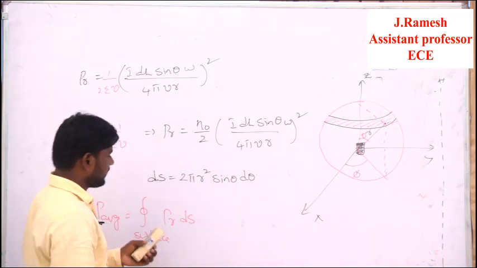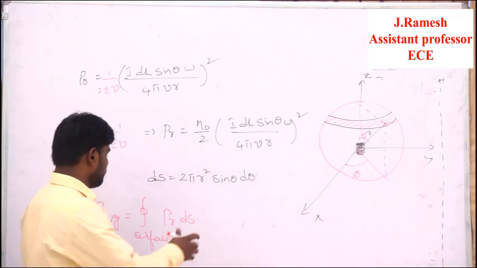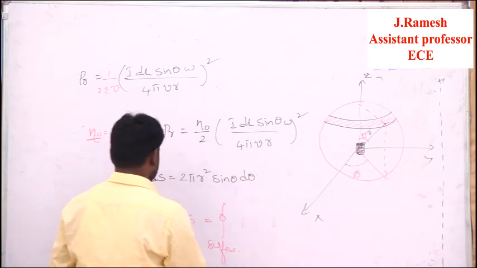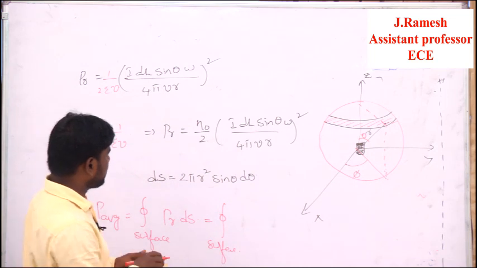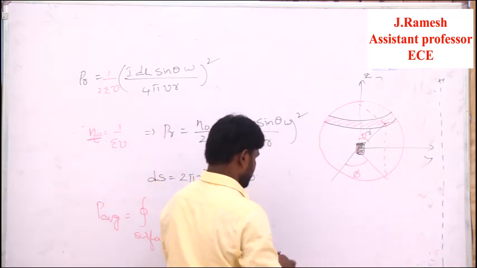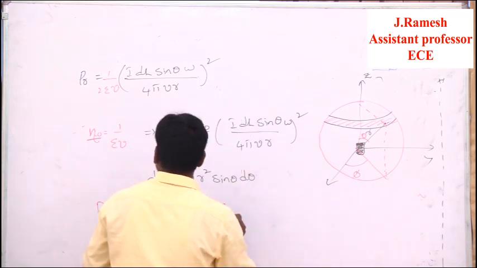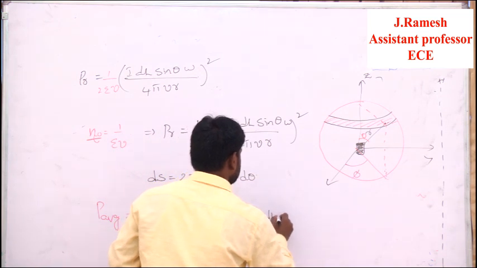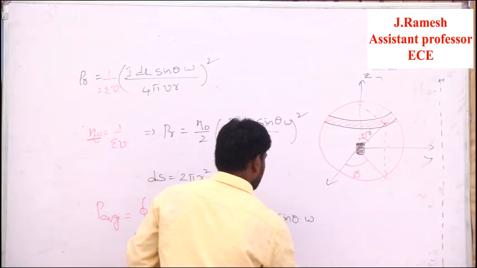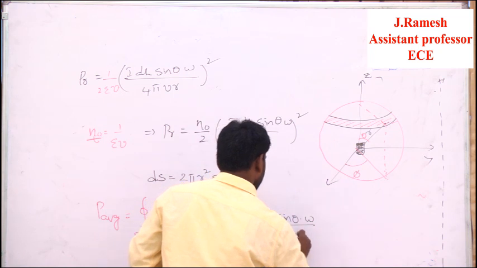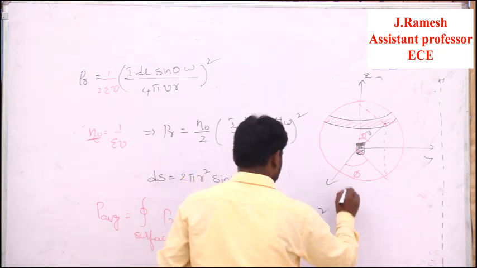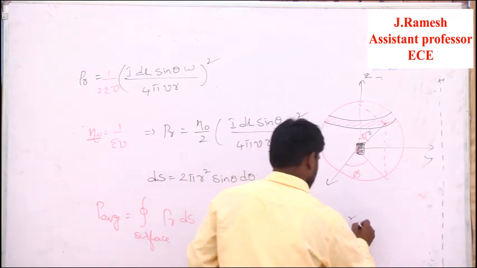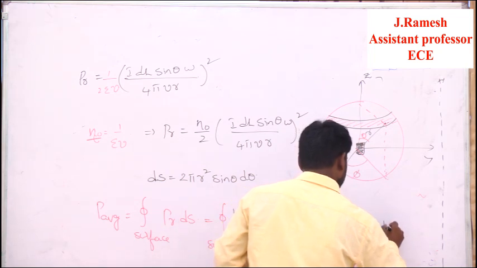But before going to that entire analysis, I want to simplify this one. This is simply a surface integral only. So I am going to substitute what PR is. The PR value is eta naught by 2 into I dl sin theta into omega by 4 pi into v r, whole square, into 2 pi r square into sin theta d theta.